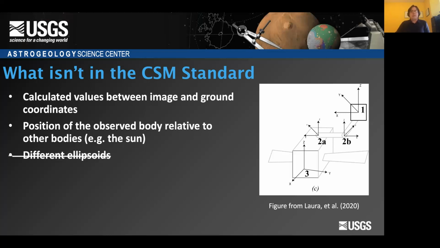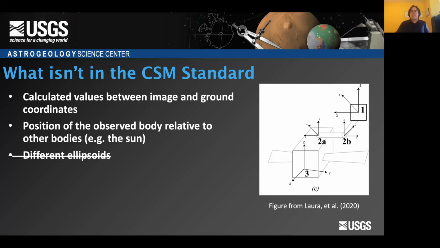And then something that used to be true, but isn't anymore, is different ellipsoids and different bodies. This was very much hard-coded to WGS84 terrestrial everything. You can do approximate intersections with just an ellipsoid, and it was literally hard-coded to intersect the WGS84 ellipsoid.